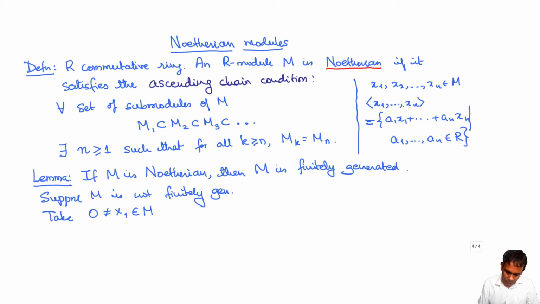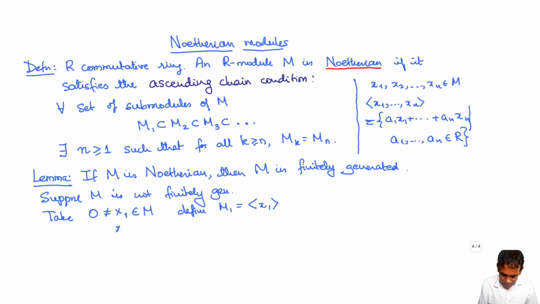So now, since M is not the trivial module, I can take a non-zero element in M. And let's define M1 to be the submodule generated by x1. So it's just all elements of the form a times x1, where a runs over R. Now, M1 cannot be equal to M because M1 is finitely generated and M is not finitely generated.